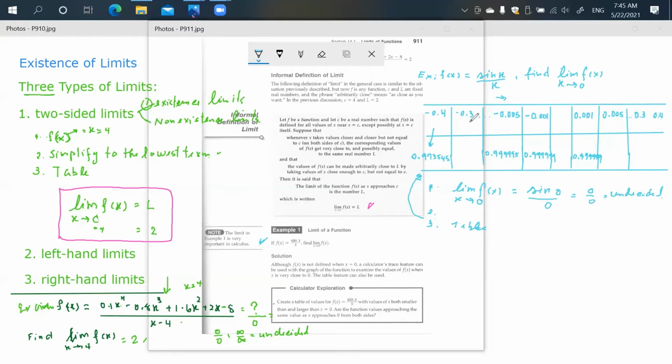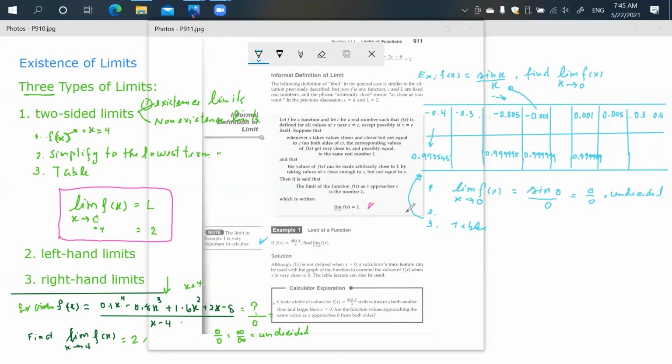Okay, and you approach closer and closer to x equals 0. It can be even closer than this, but right now I'll only give you negative 0.001. So you replace the value of x also. It becomes sine negative 0.001.